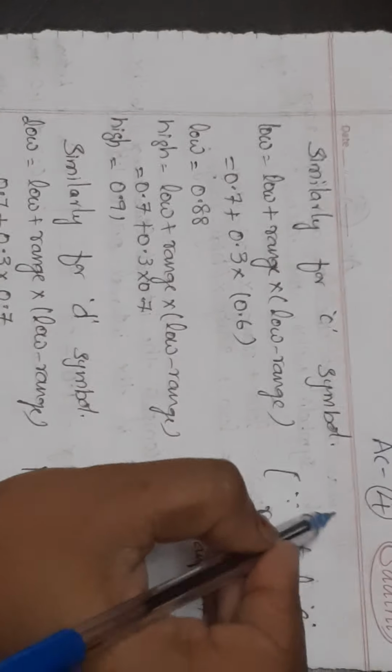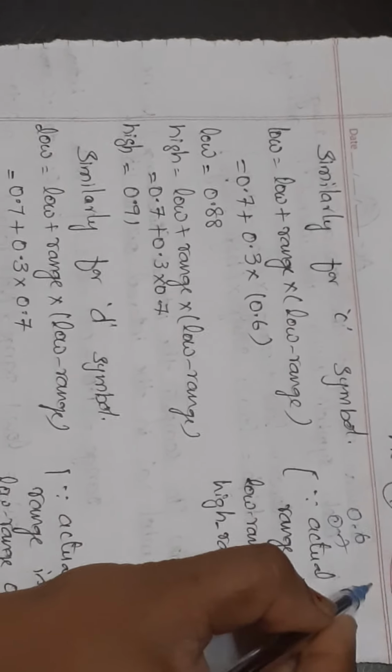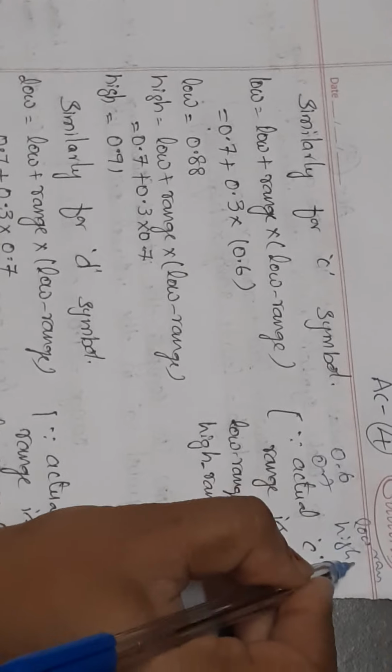Similarly for the c bit, to transmit the c bit you have to follow the same procedure. For c you have the probability subinterval 0.6 to 0.7, so 0.6 is your low range and 0.7 is your high range.